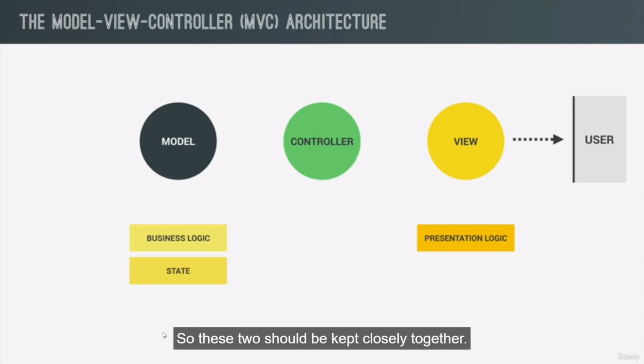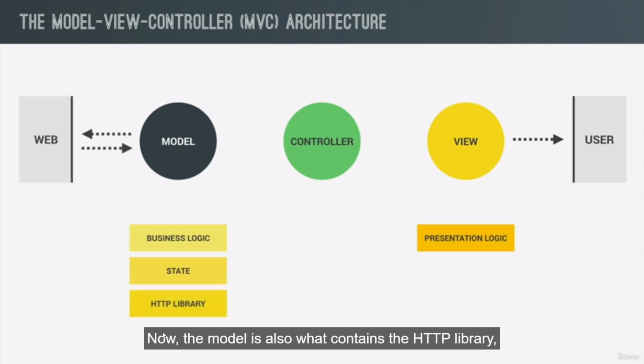So these two should be kept closely together. Now, the model is also what contains the HTTP library that might get some data from the web. So like from some API or some backend. And so this is of course also about the data, and so it also goes into the model.